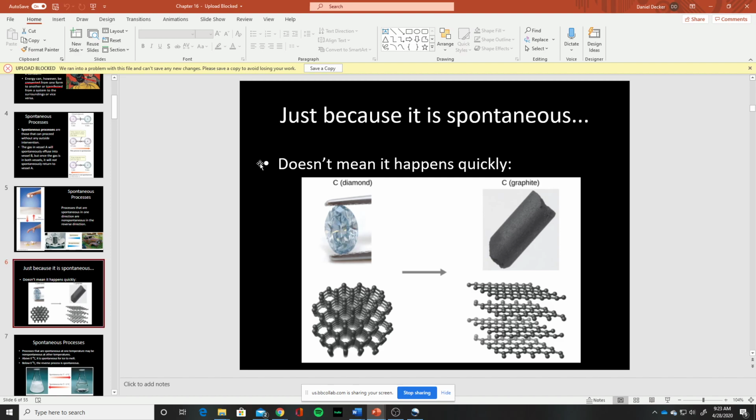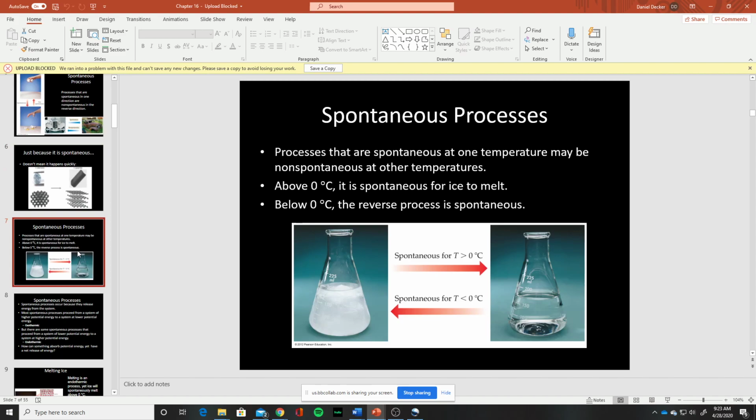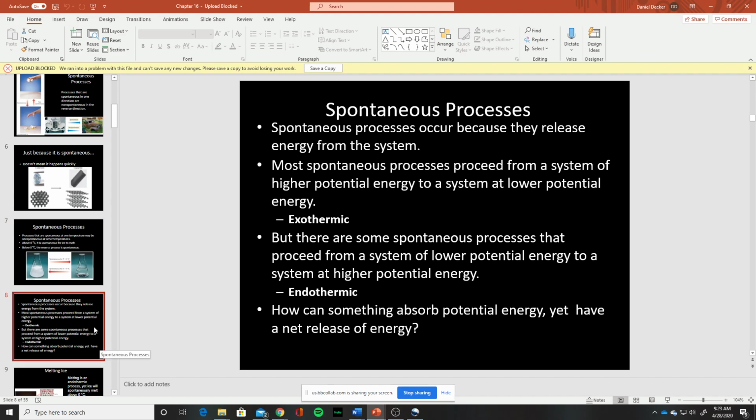Spontaneous processes don't have to be fast. They can be very, very slow, but that still is occurring spontaneously. In addition to that, things that are spontaneous at one temperature are not spontaneous at other temperatures. So just understanding generally the idea of spontaneity in chemical reactions and how certain things are spontaneous and certain things aren't, just understanding generally that topic.